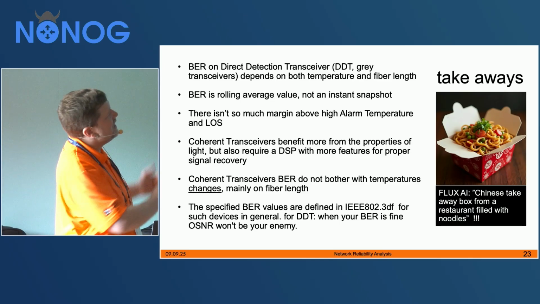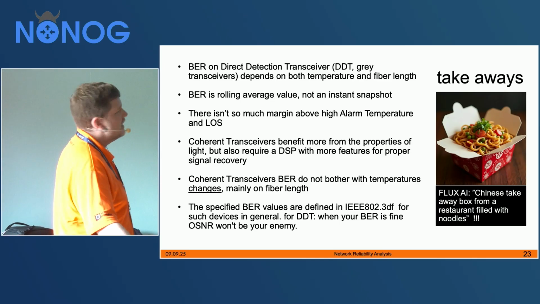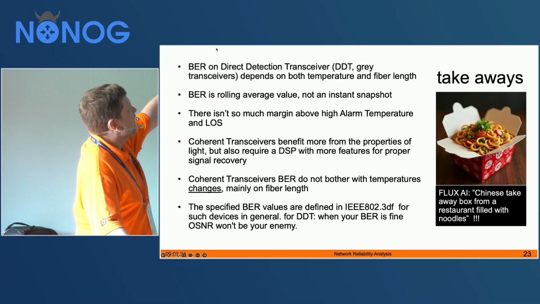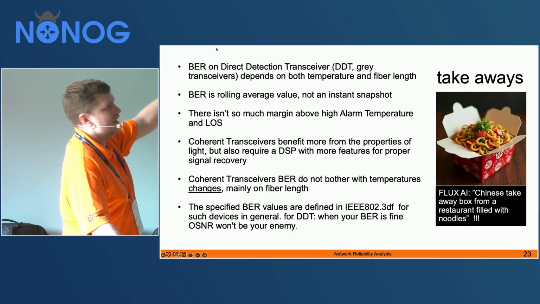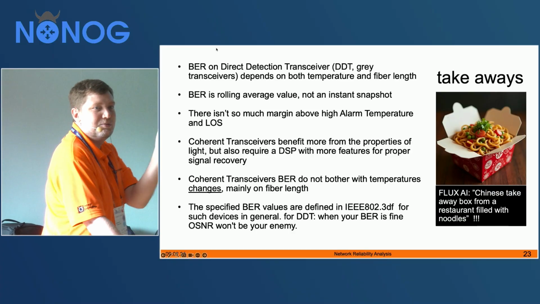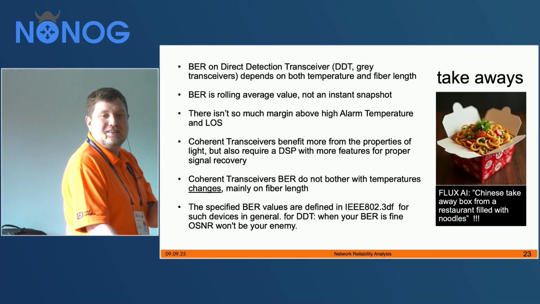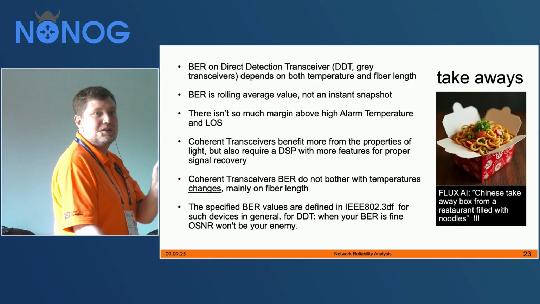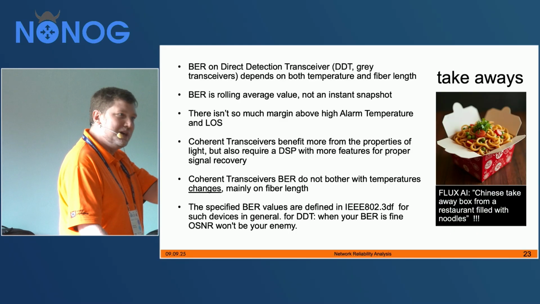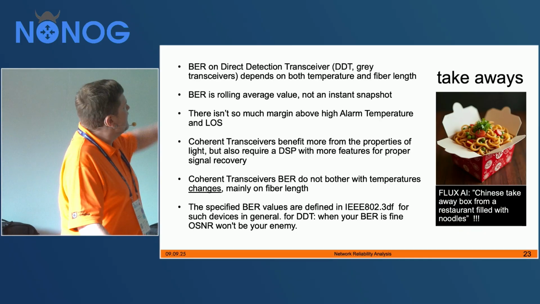That's the reason why it behaves like it behaves, as I showed in the previous curves. The difference between high alarm and high warning is not so much, so keep an eye on these values. If they're shown on the switch, try to be below the warning.